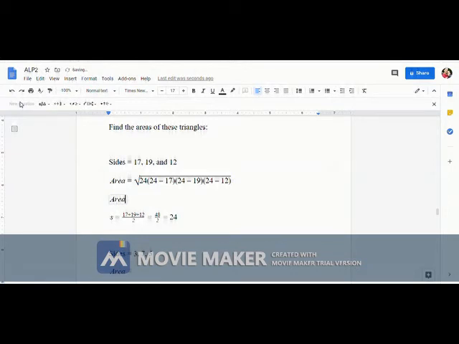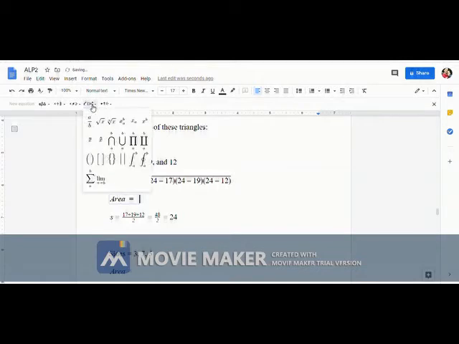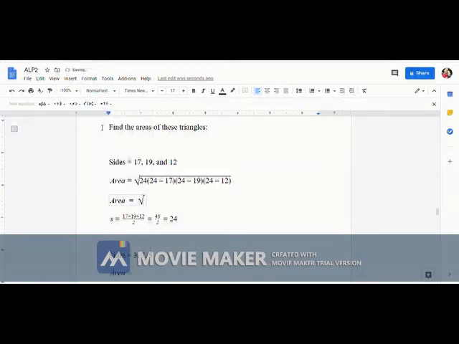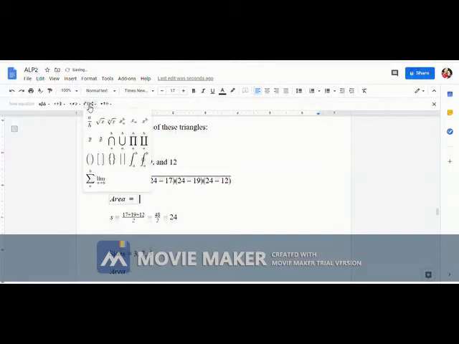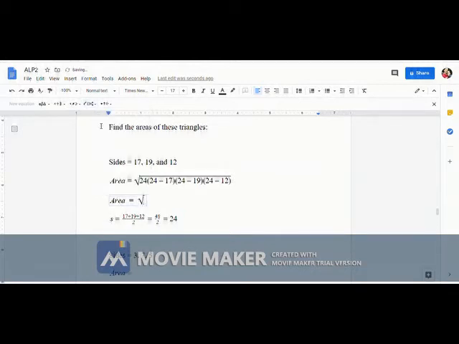Area equals still the square root of S times, it's going to be 7 times 5 times 12.